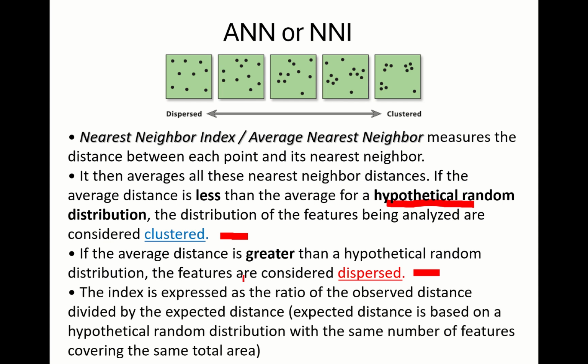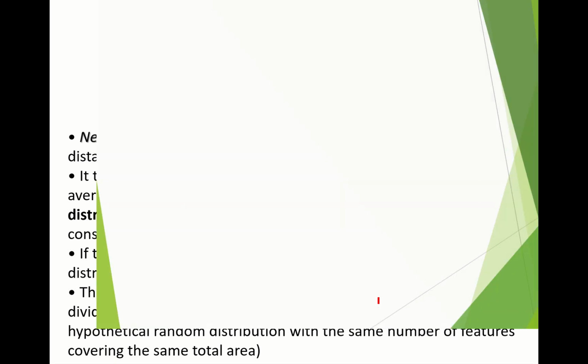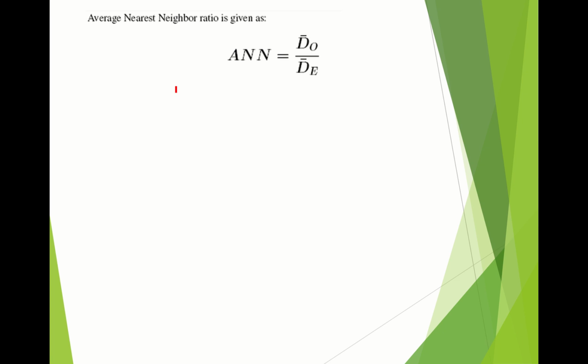So basically what the nearest neighbor index is giving us is the ratio of the observed average distance between the point in question and all its neighbors compared to the average distance to all its neighbors of a hypothetical areal distribution. To calculate the average nearest neighbor, it is the ratio of the observed average distance between the point in question and all its neighboring points to the average that would be expected.